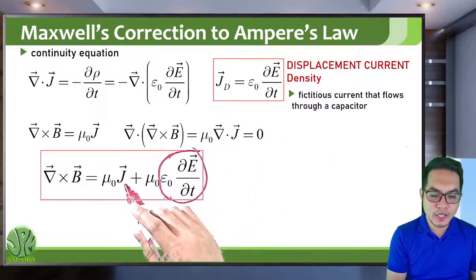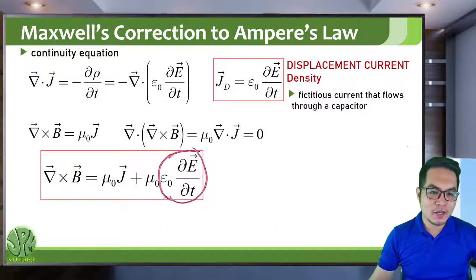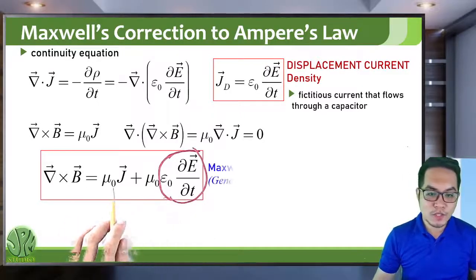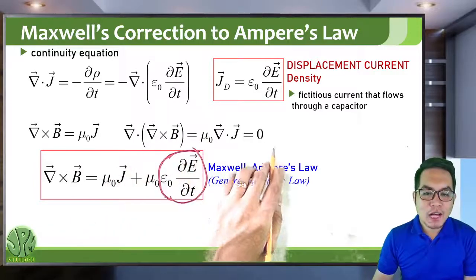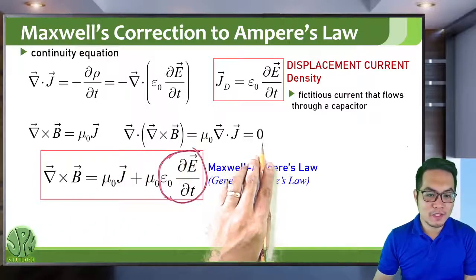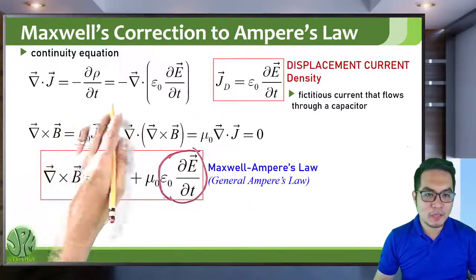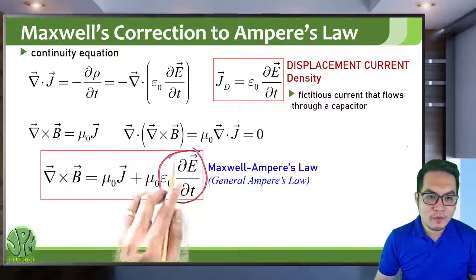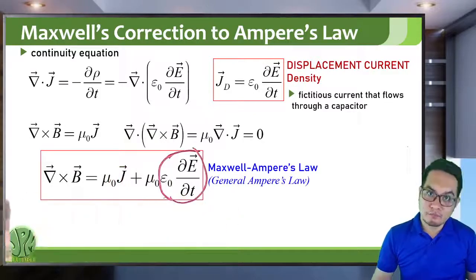So mu naught J plus mu naught J_D, the displacement current density, such that if you take the divergence of this new general Ampere's law, you will actually get the value of 0, because del dot J, the divergence of J, will give you this one, and then you will have a positive version of that one when you take the divergence of this, and it will result in 0.